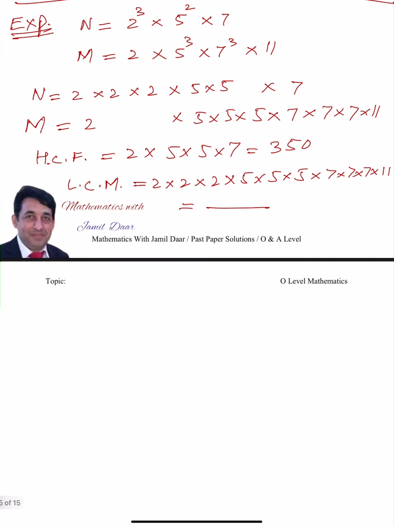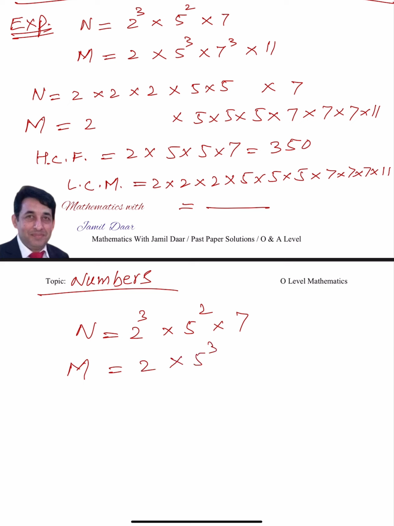And if you use the second method, which I told you, the higher power and the lower power, then N is equal to 2 raised to the power 3, 5 raised to the power 2, and 7, and M is 2 into 5 raised to the power 3 and 7 raised to the power 3 into 11.